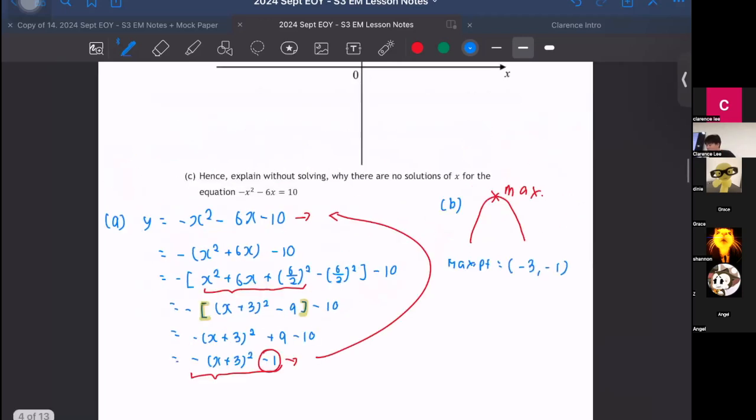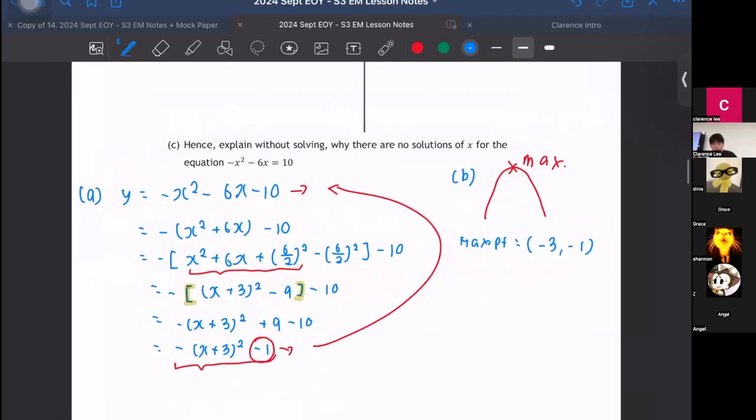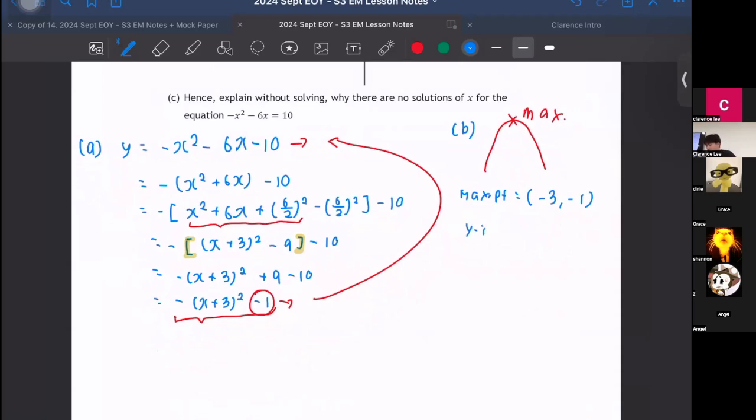So that's your turning point. Then you want your y-intercept. So that means x must be equal to 0. So you let x be equal to 0, meaning to say y will just be equal to negative 10. So therefore, you will get (0, negative 10).